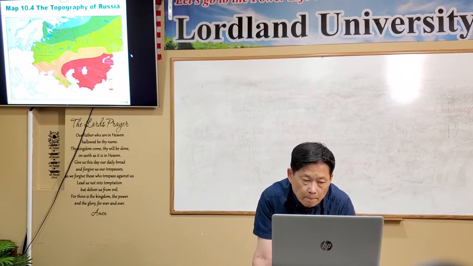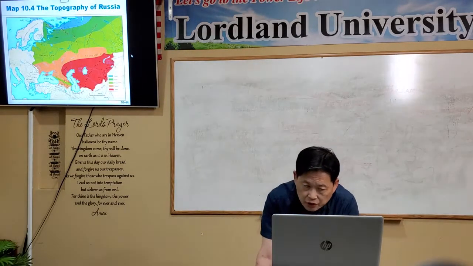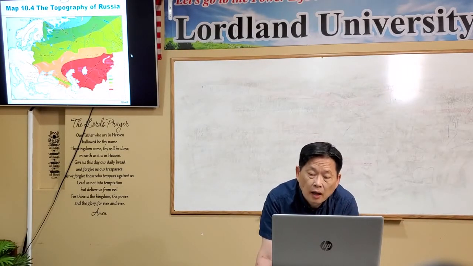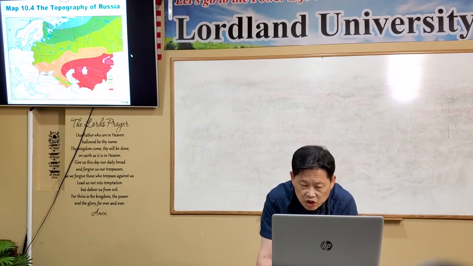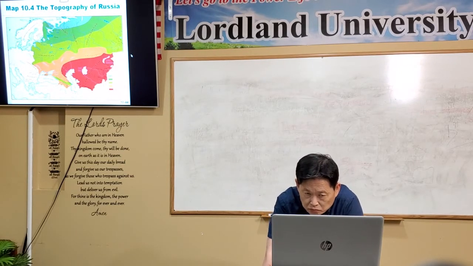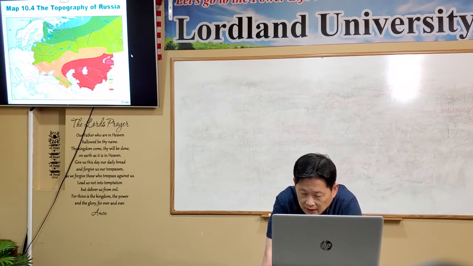This map 10-4 shows the topography of Russia. Sky color represents tundra.